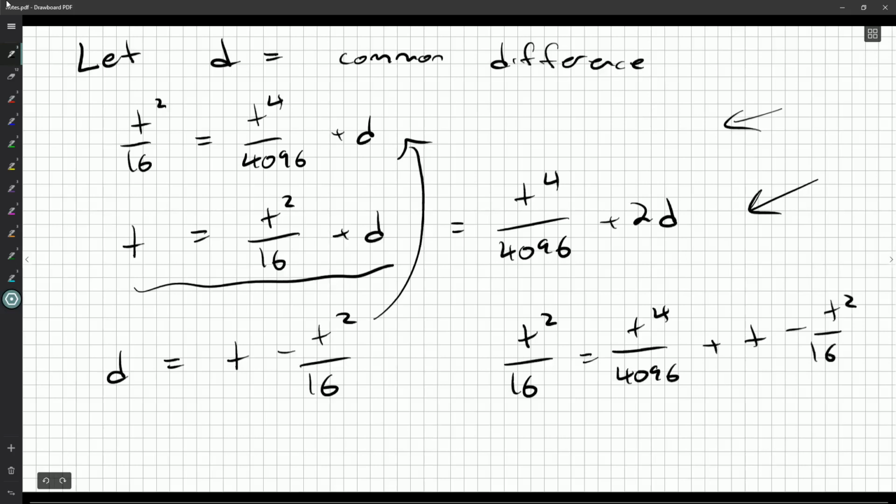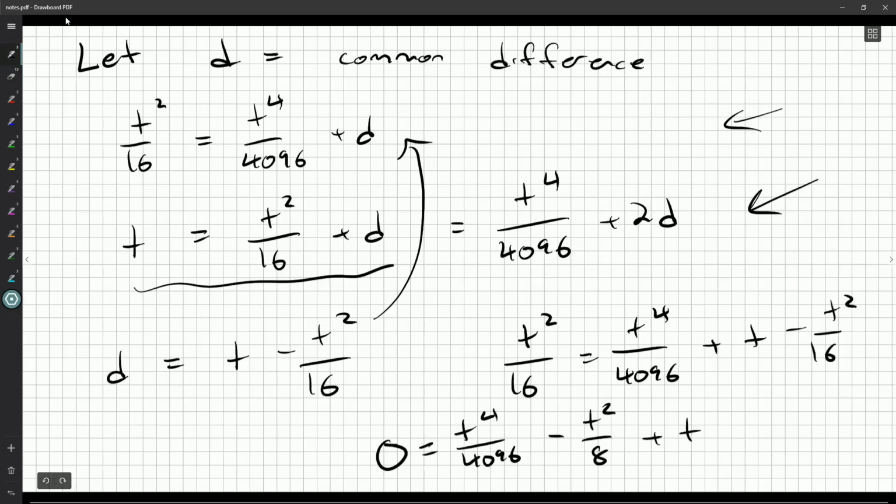And we can rearrange this. We're not quite going to get a quadratic, but well, let's actually bring everything over to the one side. So 0 is t to the 4 over 4096 minus 2 copies of t squared over 16, which is really t squared over 8, plus t.